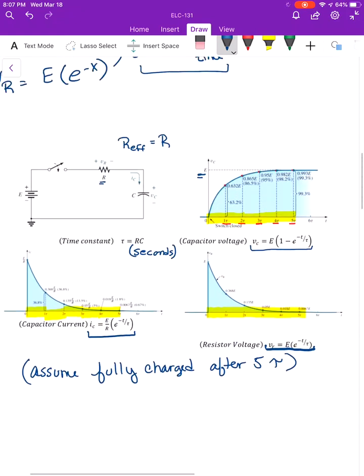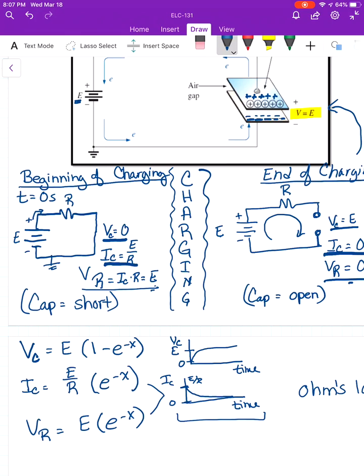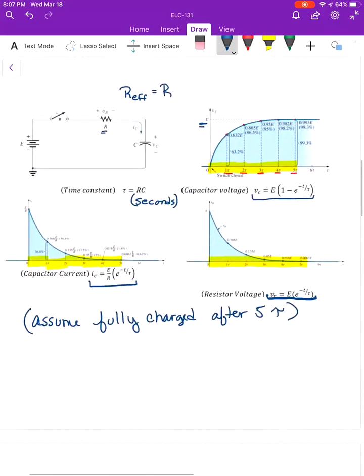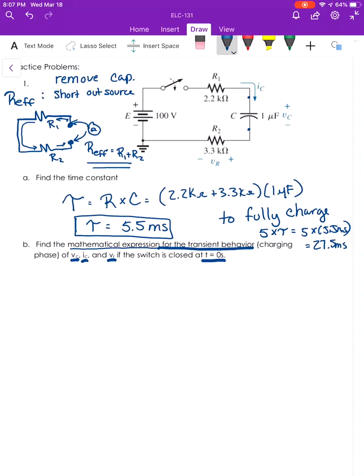In the previous section, I showed you that in the beginning of the charging phase, our capacitor looked like a short circuit, and at the end of the charging phase, it looked like an open circuit. So let's just redraw the circuit to look like that, and it'll make writing these equations a little bit easier for you. Okay, so I'm going to say at t equals 0 seconds, and then over here I'm going to say at t equals 27.5 milliseconds and beyond.